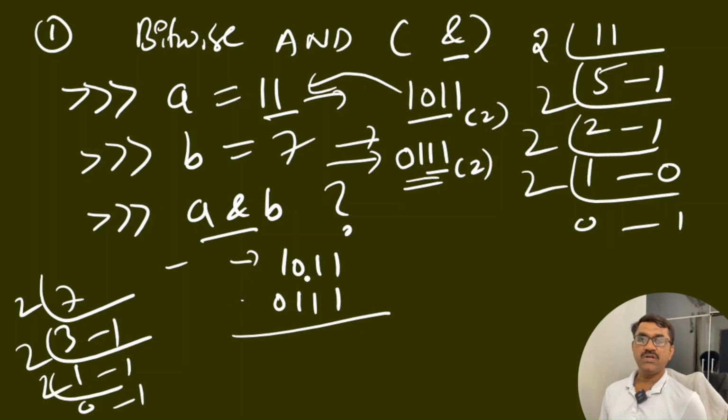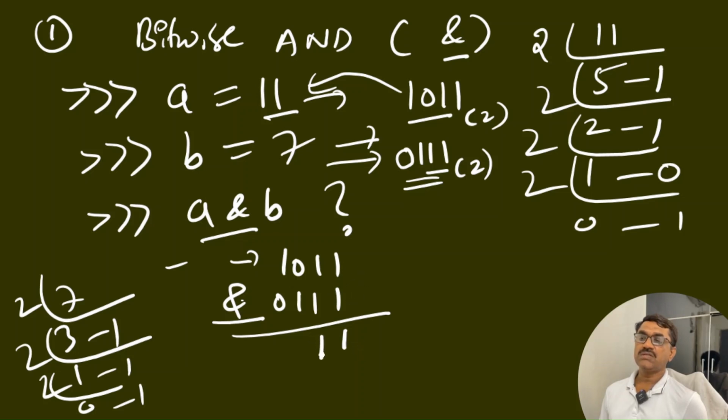Now after converting into bits, you apply the operator AND. This is logical AND. What it is going to do: if both bits are 1, then only the result is 1. In any other case, the result is 0. Very, very important. In both the bit patterns, if both the bits are 1, then only the result is 1.